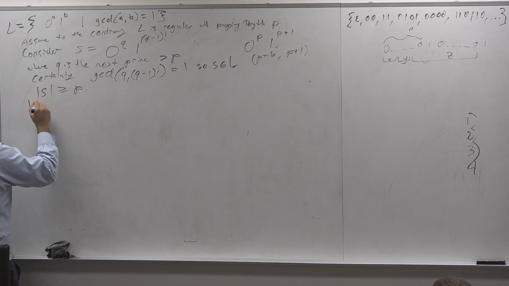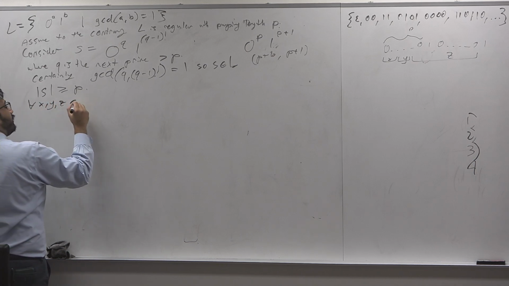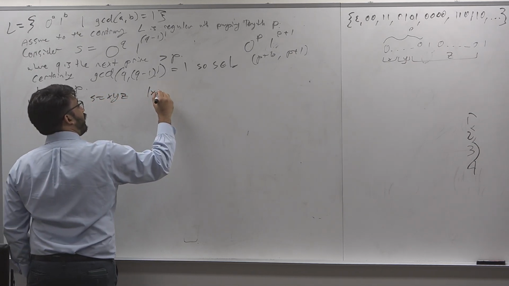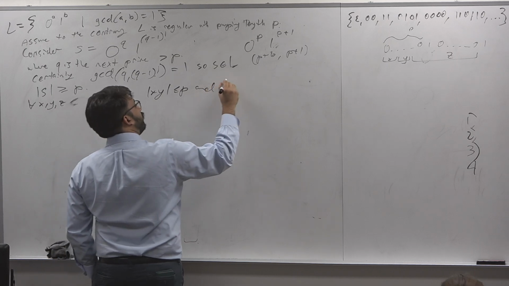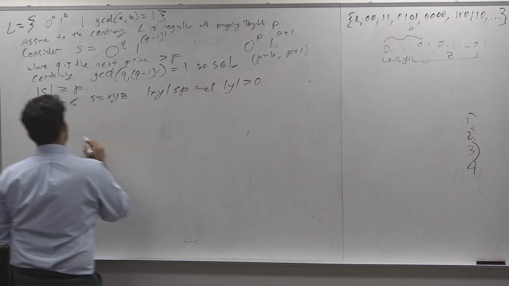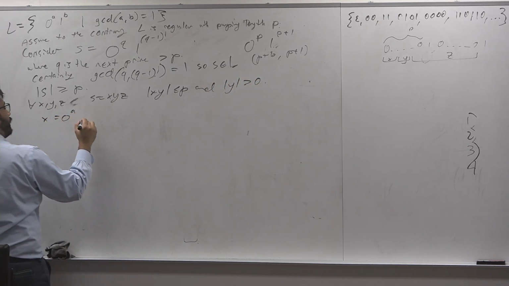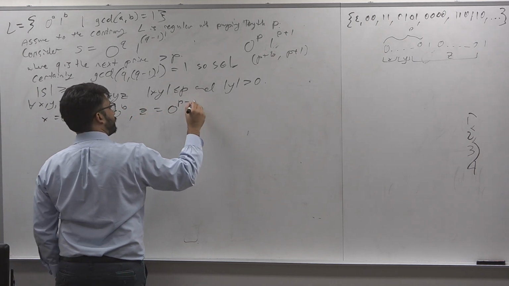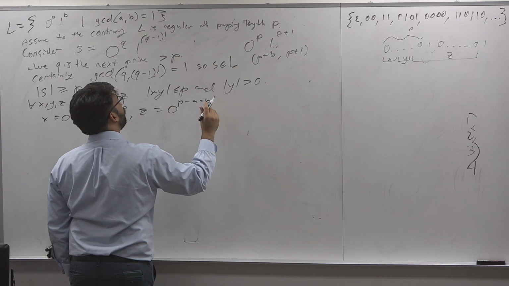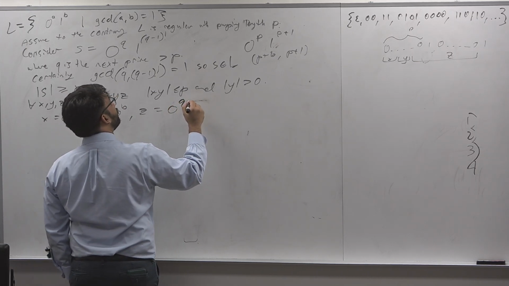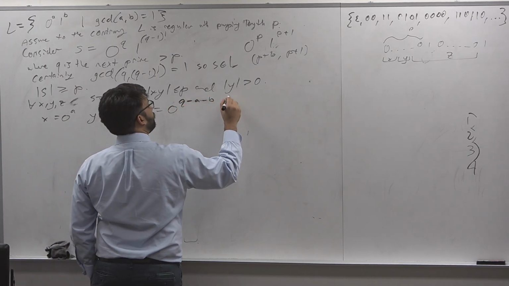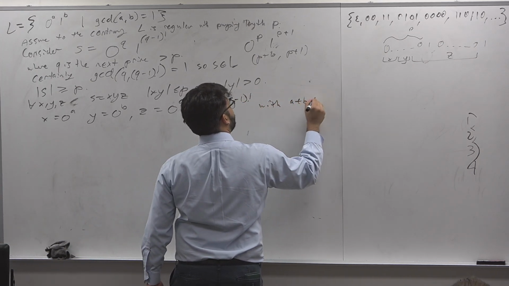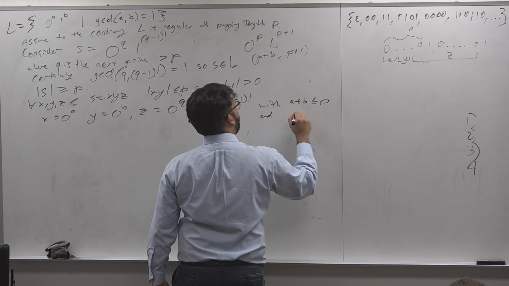For all x, y, z such that S is equal to xyz, subject to xy less than or equal to P, and the length of y exceeds 0, we have x is 0 to the A, y is 0 to the B, z is 0 to the Q minus A minus B, 1 to the (Q minus 1) factorial, with A plus B less than or equal to P, and B greater than 0.